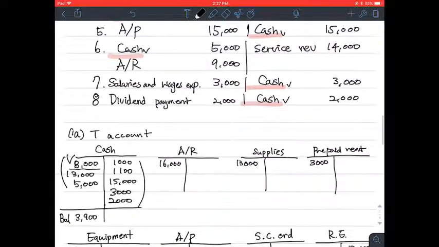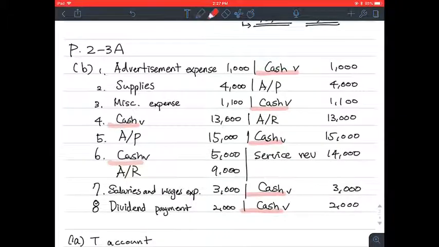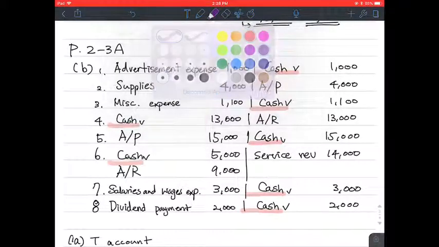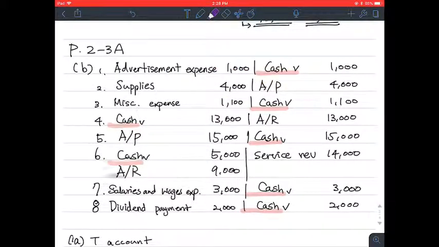And then let's have a look at the accounts receivable. Accounts receivable, I'll color it with purple. Accounts receivable, 9,000. Accounts receivable, 13,000 on the credit side.